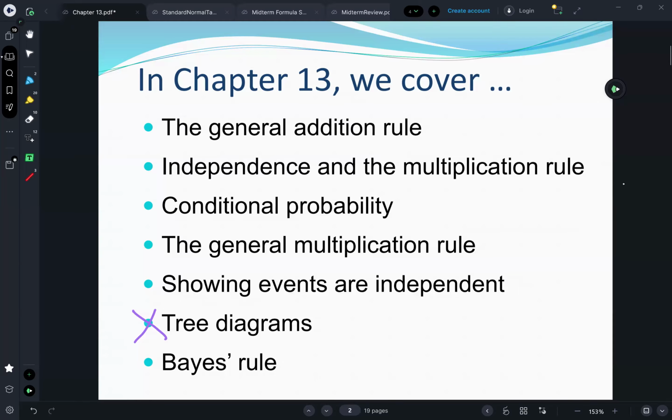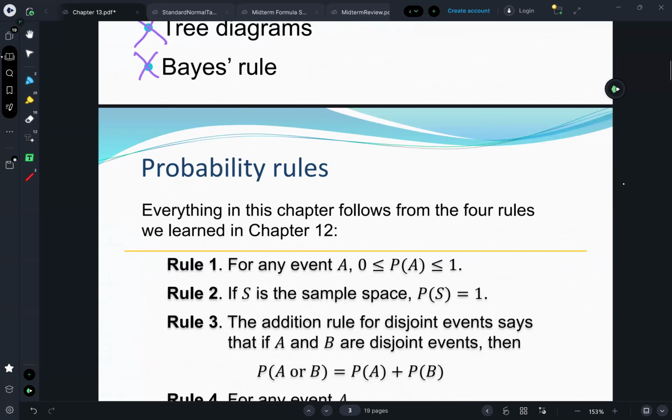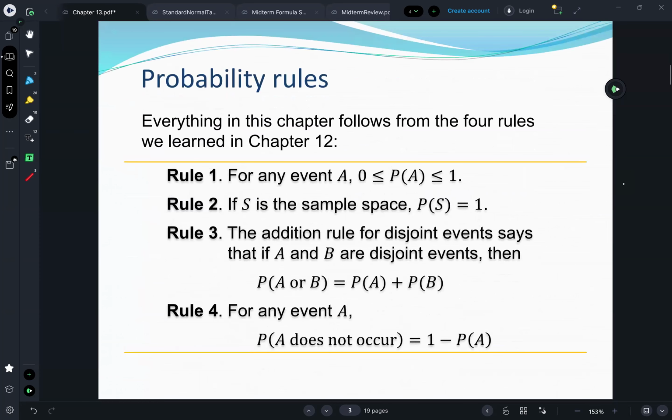We're not going to be covering them or testing them, or the Bayes rule. We won't be covering that this term as well. Okay, so we will take those off from the course. It's listed in the schedule as well. But all the rest we will cover. And this is also a review for the midterm.